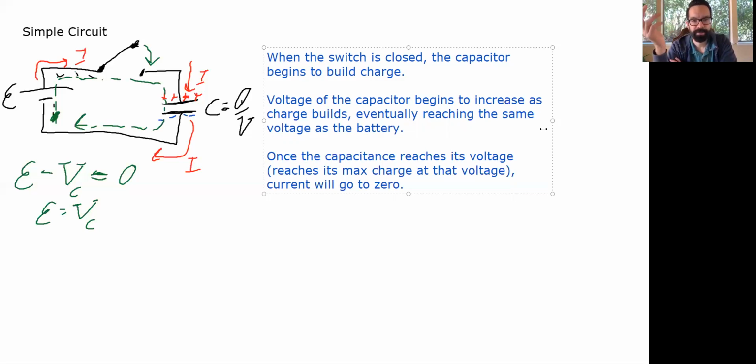If I could personify it for a second, the capacitor is saying to the circuit, hey, I can't take any more charge, so you're going to have to stop this. So the current goes to 0 once the capacitor reaches its maximum amount of charge. Okay. So simple circuit here, we just have a battery, a switch, and a capacitor. But even in that simple circuit, a lot is going on as far as what's charging and what happens to currents, and all that.